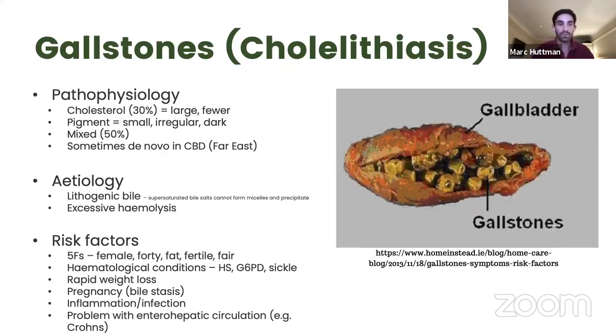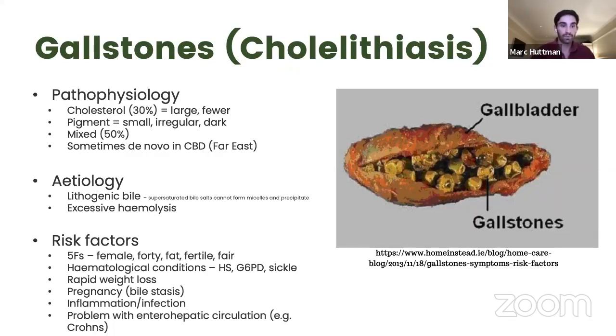Hematological conditions, which will be touched on with excessive hemolysis, so hereditary spherocytosis, G6PD, and sickle cell. Also, rapid weight loss, which surprised me the first time I learned that. If you lose weight too quickly, all that cholesterol, all the fats which were in your adipose tissue, suddenly go into your bloodstream and then have to get excreted by the body if they're not burnt up. So you'll get an increased chance of them precipitating in the gallbladder.